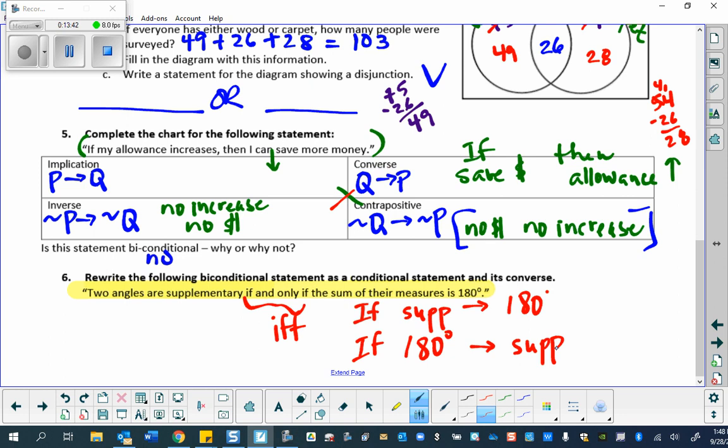And would you agree that both of your sentences are true? Okay. So if two angles are supplementary, then their measure is equal to 180. If the measure of two angles add up to 180 degrees, we can call them supplementary. Sound okay? All right.